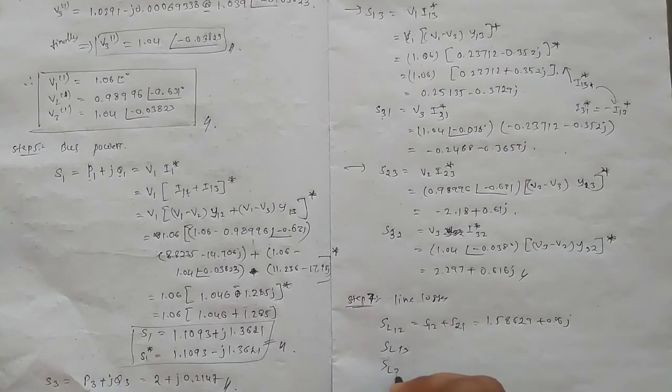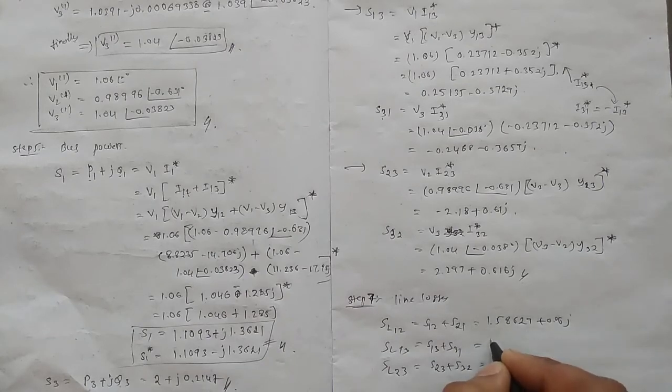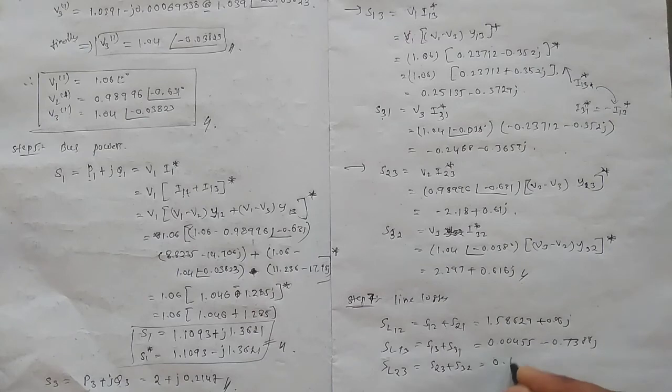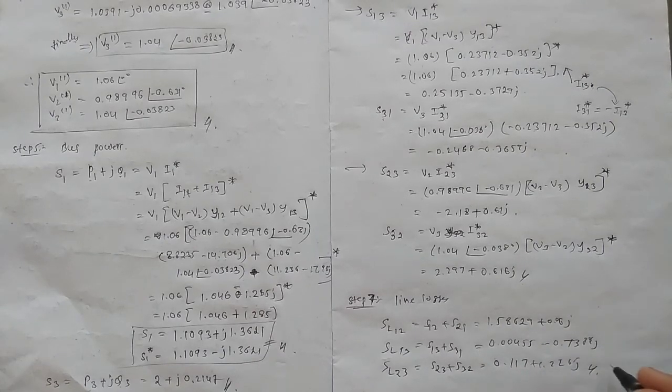SL13, SL23: SL13 is S13 plus S31, SL23 is S23 plus S32, which is equal to 0.00455 minus 0.7388J, and 0.117 plus 1.226J. This is the final answer.